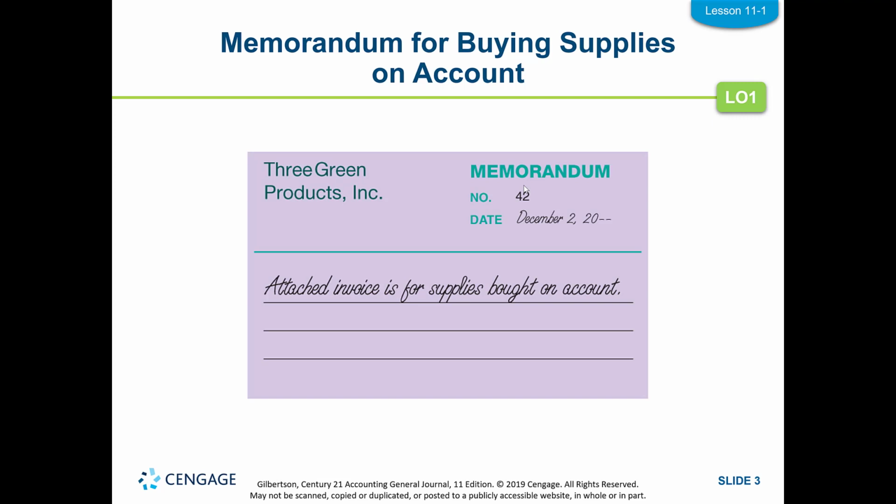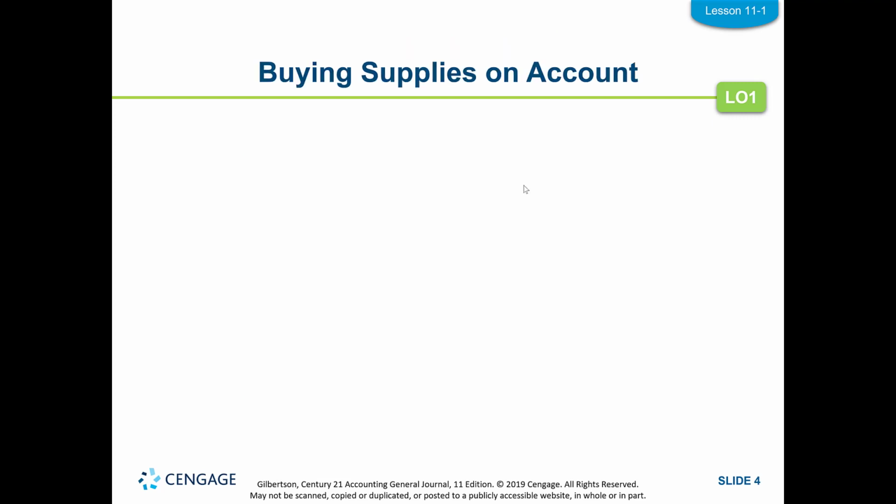So if we think about our 4 special journals, sales, this transaction does not affect customers buying on an account. Purchases is only when we buy merchandise on an account. We're not paying any cash and we're not receiving any cash. So when we take a look at this source document, this tells us it can't go in any of those special journals. So we're going to put it in our general journal.